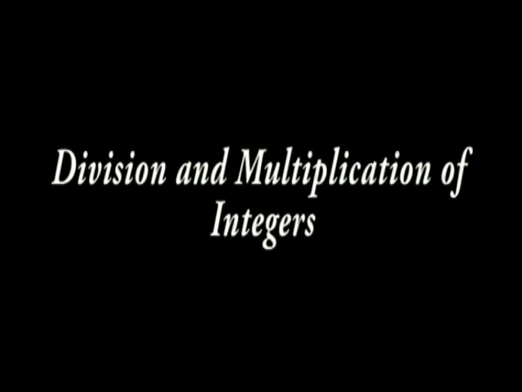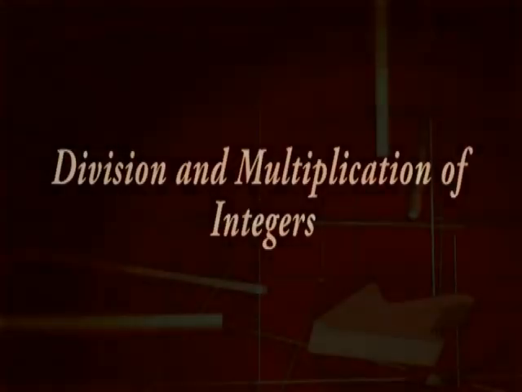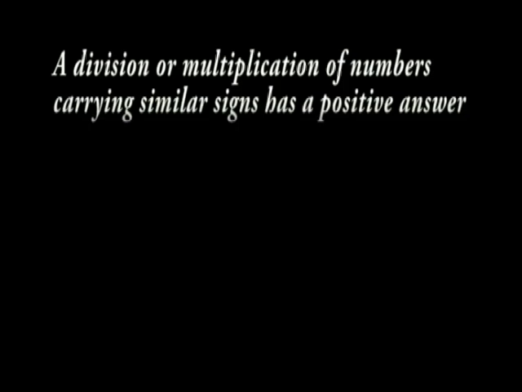Division and multiplication of integers. Division and multiplication of integers are done in the conventional way you learned in your primary school. Only bear in mind two important rules. 1. A division or multiplication of numbers carrying similar signs has a positive answer.